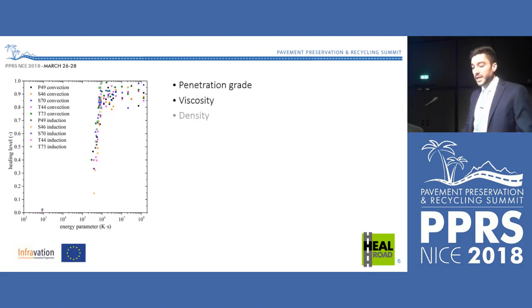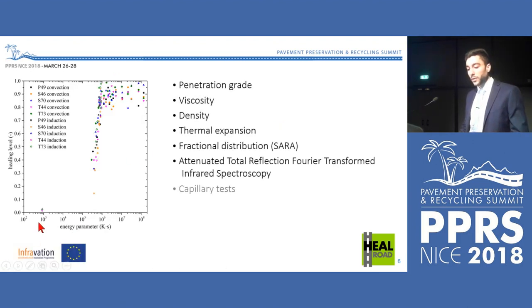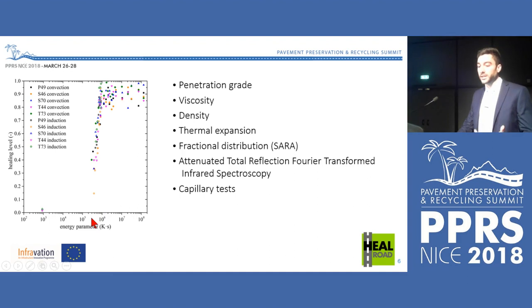So if we apply different healing energy, we are going to obtain different healing levels. Each point here is a different sample that was healed for a different time or with a different heating energy.